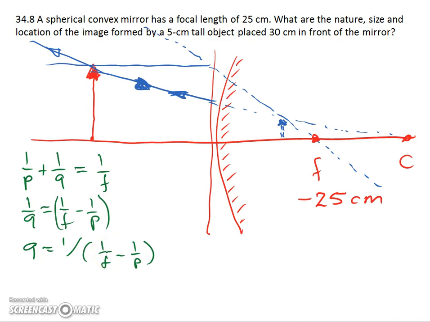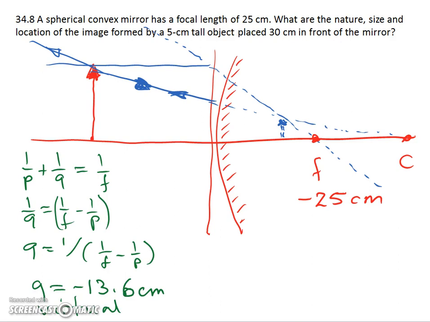And substituting in, I will find that q is equal to minus 13.6 centimeters, and the minus tells me that it is a virtual image, which we already knew. But nice that the maths confirms it.